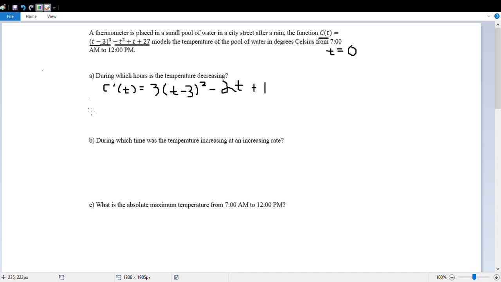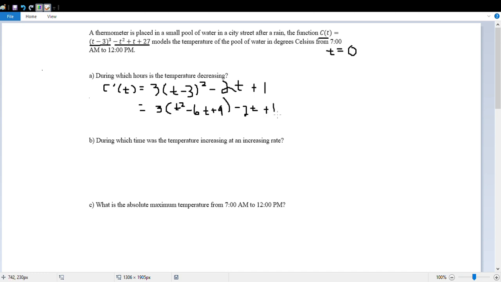Okay, to make this easier to solve, I'm even going to go ahead and expand this here. So I will leave the 3 like so, and we'll expand this and get t^2 - 6t + 9. Then we have minus 2t plus 1 still.